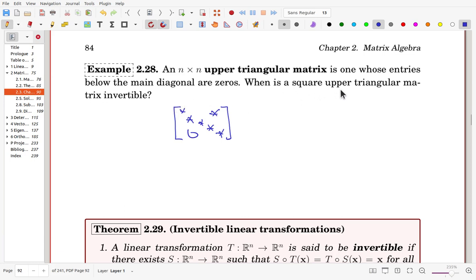When is a square upper triangular matrix invertible? It should have n pivot positions, which means that every diagonal entry must be non-zero. If the diagonal entries are non-zero, then it is invertible. That is the only case. If at least one of these values is 0, then it is not invertible.